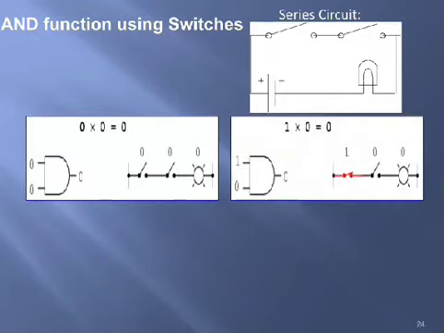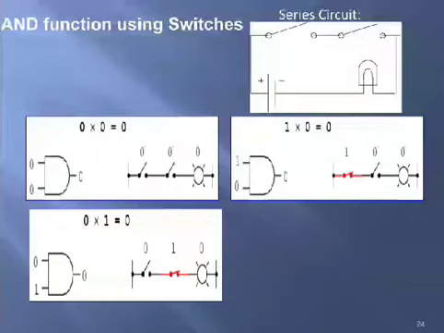We will see the same operation. For the 0 0 combination, that means when both the switches are open, the lamp will not glow, that means you can treat that state as logic 0. And for the 1 0 combination also, even though switch A is closed, since switch B is open, there is no closed path in this loop, that's why you are getting the output as logic 0, which is nothing but the lamp not glowing.